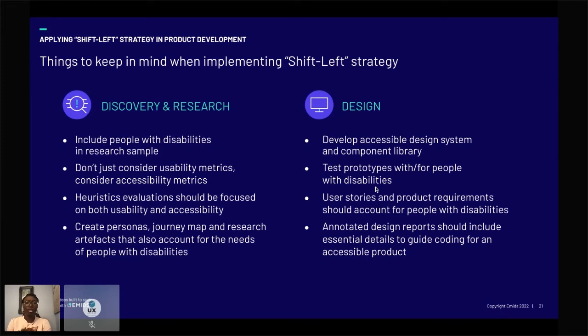So, when we're testing our prototypes, can we test with people with disability, whether we test directly with them or we use people who are experienced with using assistive technology that can test the product and give feedback in a way that somebody with disability would have given that feedback.